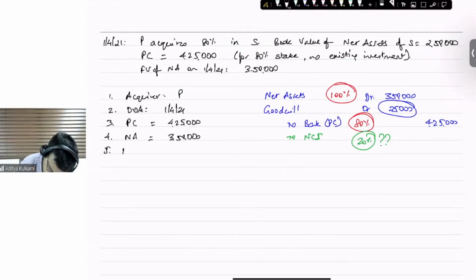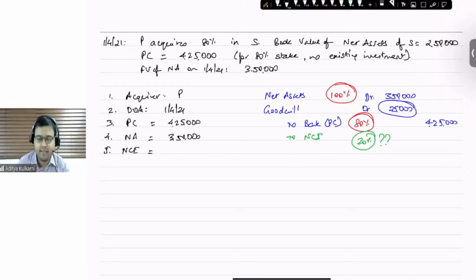So step number 5 is going to be my NCI. NCI will be recorded at which value? And here Ind AS 103 gives you two options. First option, many of you would already have calculated and you would have calculated correctly.